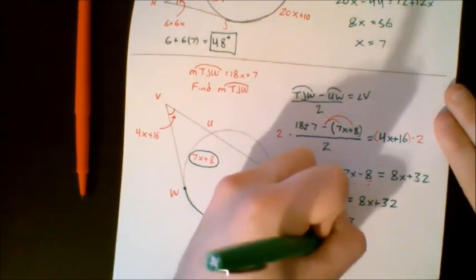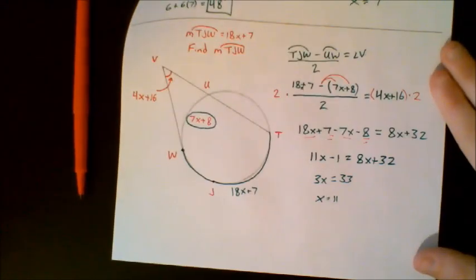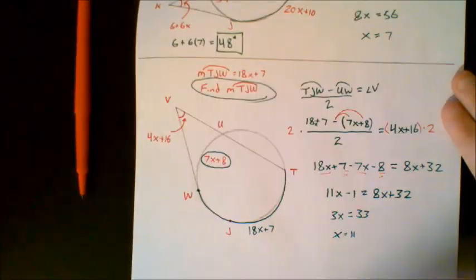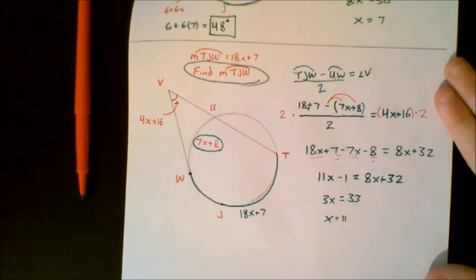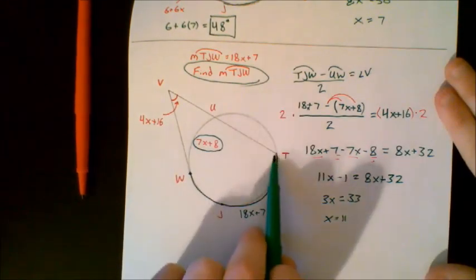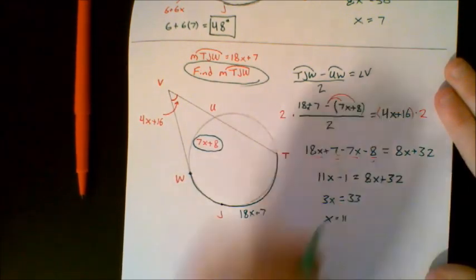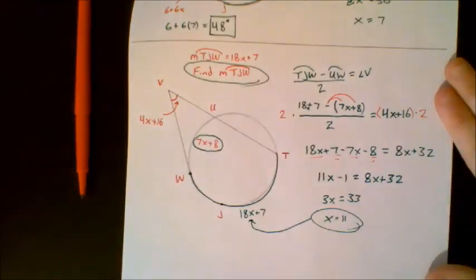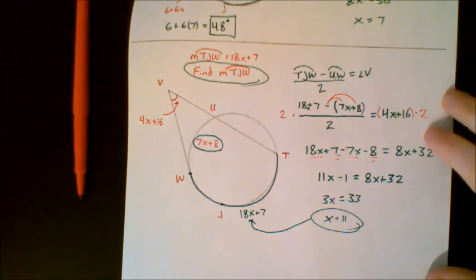All right, but we're not done. Keep in mind the directions. Directions say find the measure of arc TJW. So we need to take this 11, plug it in right here.